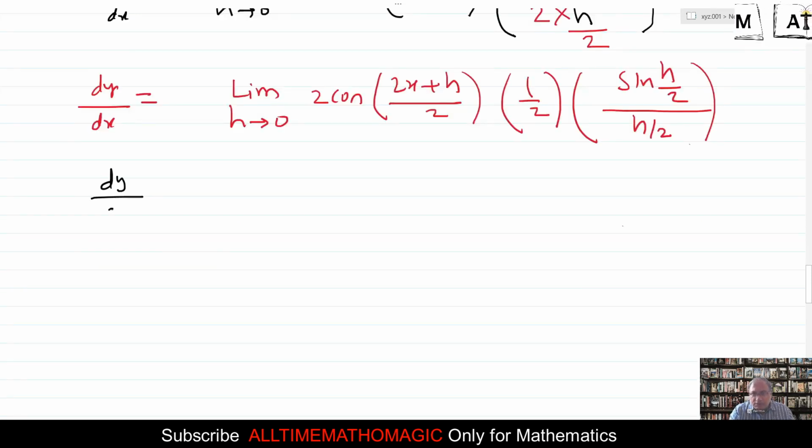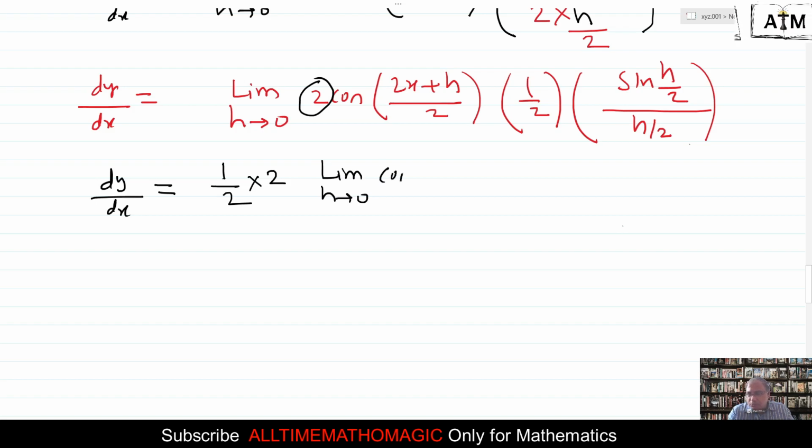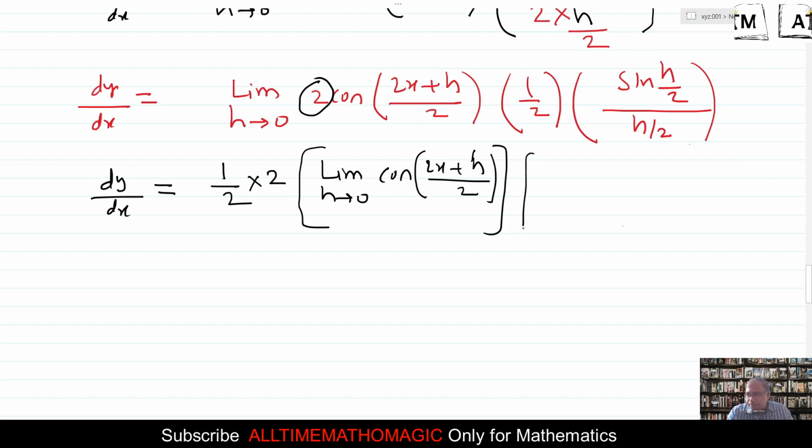Now this 1 by 2 is written at the beginning, and this 2 is also written at the beginning. Now separating the limits: limit h tending to 0 of cos of (2x plus h) upon 2. Separating means applying the limit individually.